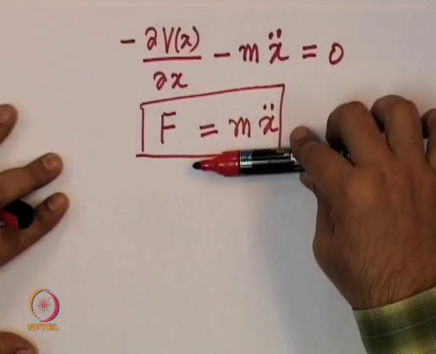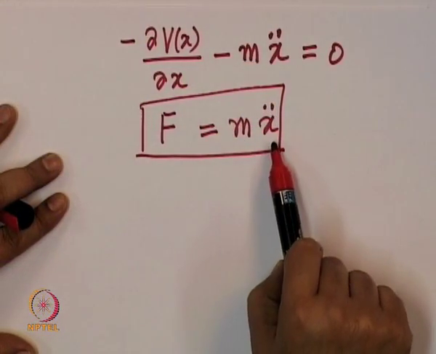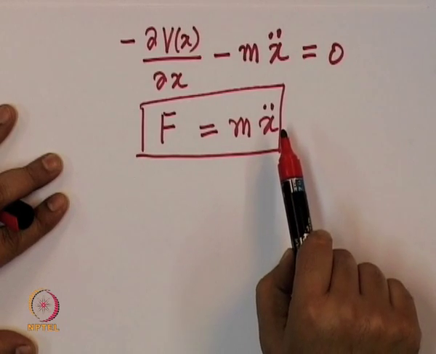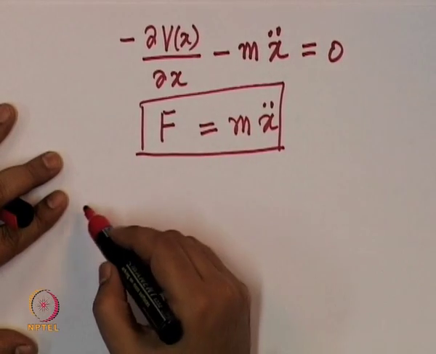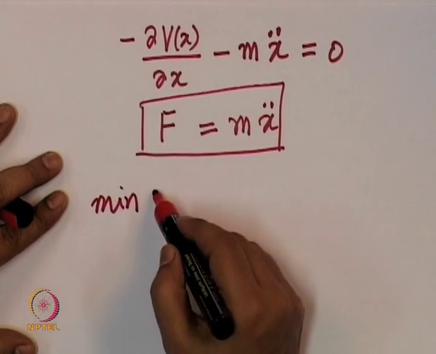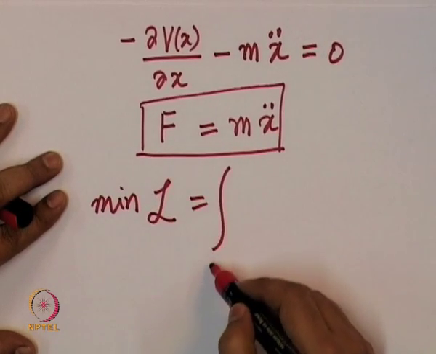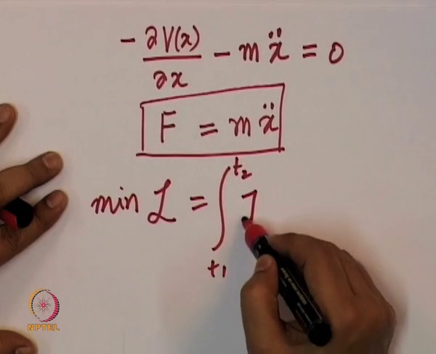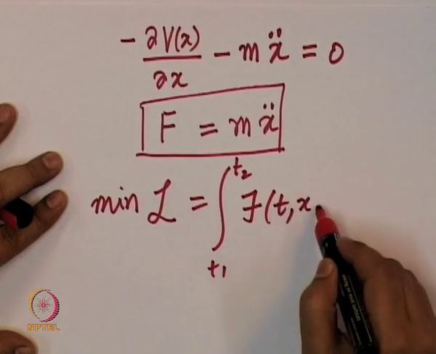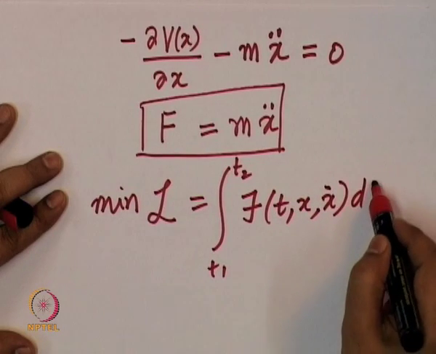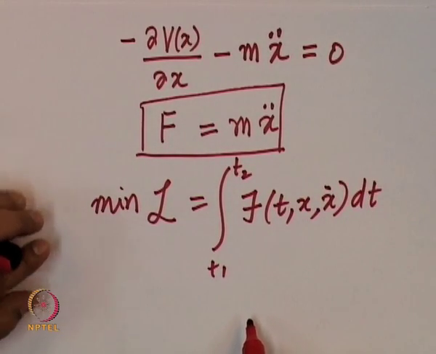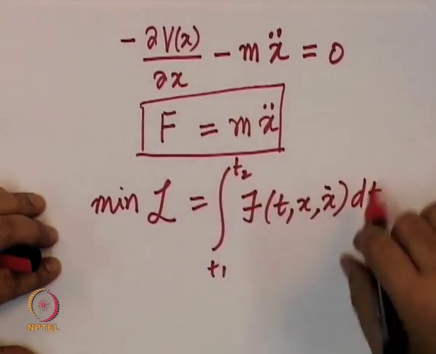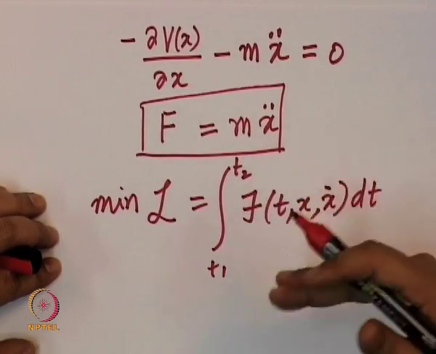If we do the same thing with this functional, we obtain Newton's law, F equal to mass times acceleration, and this came from minimizing the action. There is a nice description of this functional and the so-called action principle in Feynman's lectures on physics. You can take a look at it.